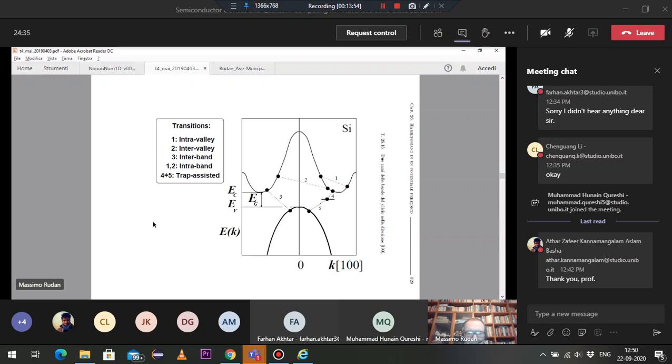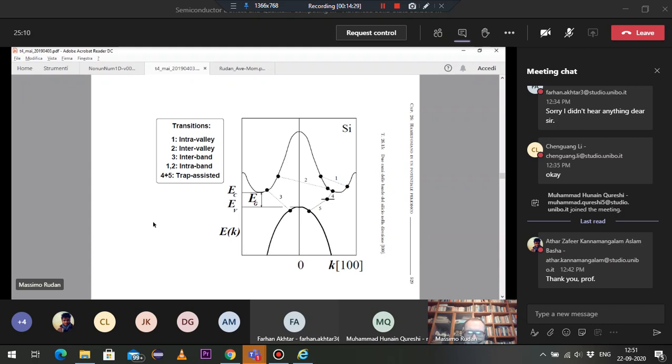And it turns out that the total number of distinct k vectors in the Brillouin zone equals the total number of cells of the direct lattice. So the total number of distinct values of vector k is equal to capital NC. You remember, the total number of cells of the direct lattice.